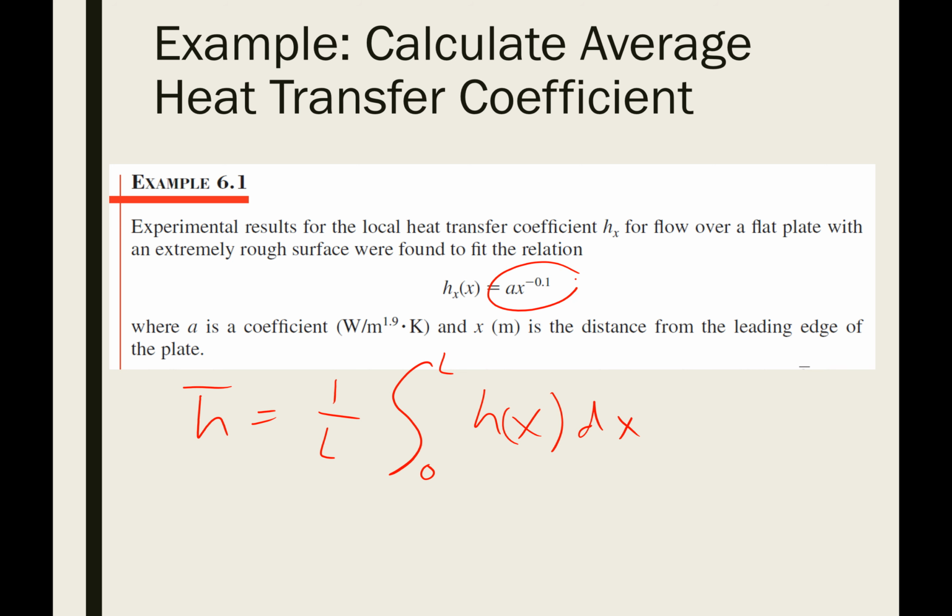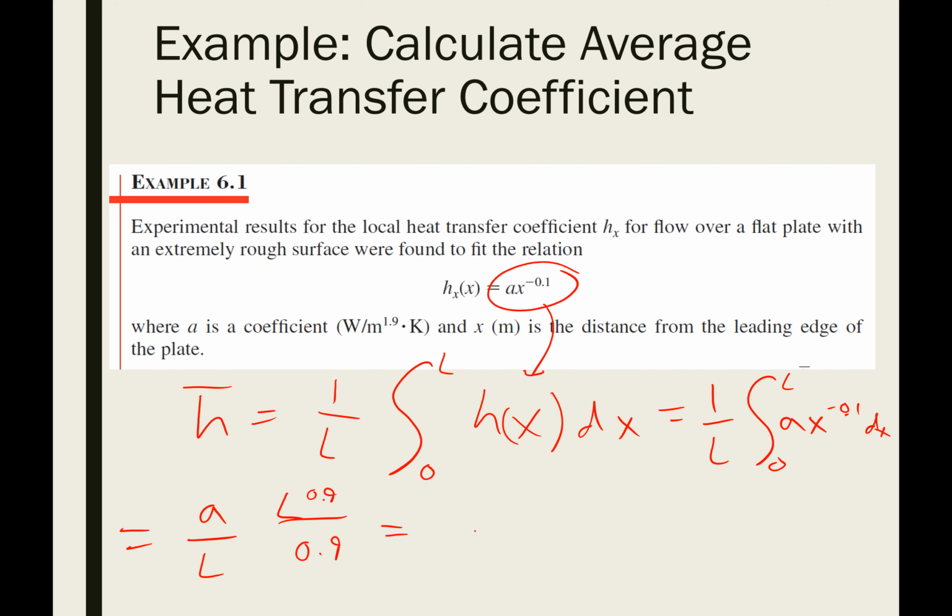We would just substitute our relationship into this equation. So that would equal 1 over L times the integral from 0 to L of a x to the minus 0.1 dx. Doing that integration, we end up with a over L multiplied by L to the 0.9 divided by 0.9, which is also equal to 1.11 times A times L to the minus 0.1.